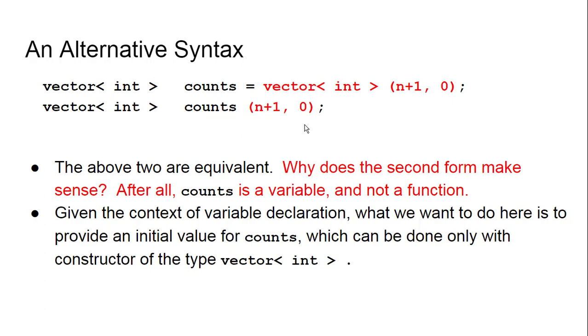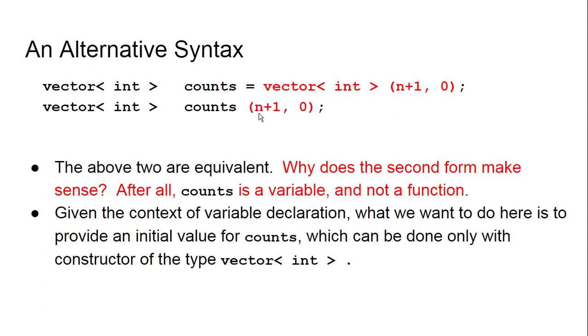The reason that this makes sense is you can view this essentially as a shorthand for the previous one. It makes sense because here we are in the context of declaring a new variable of this type. So when we have a variable here and we have this function syntax, the only thing that makes sense is we are trying to assign an initial value to this variable.